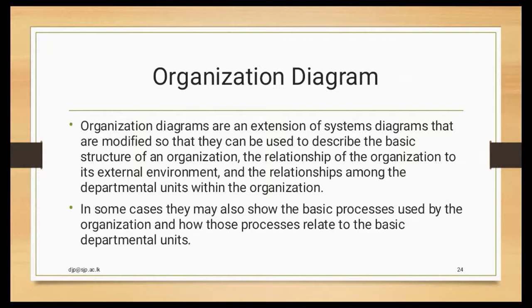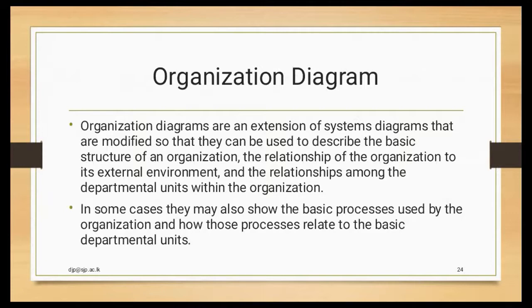By having these modified system diagrams, they can be used to describe the basic structure of an organization, the relationship of the organization to its external environment, and the relationship among the departmental units within the organization.